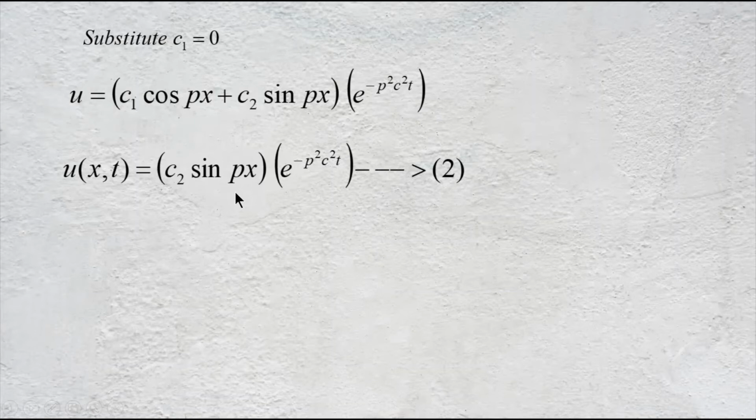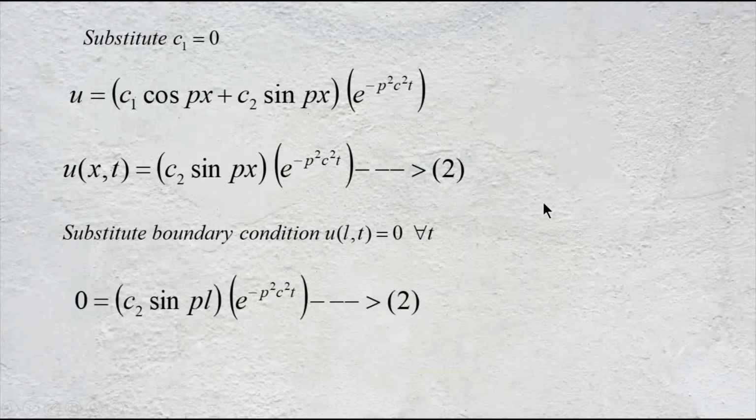Now here we have to solve for another constant by substituting the second boundary condition. After substituting, put x as L and u as 0 in the newly found equation. You will get C2 sin PL e raised to minus p square c square t, and you know this cannot be 0 always, and C2 cannot be 0 because C1 and C2 cannot be simultaneously 0.